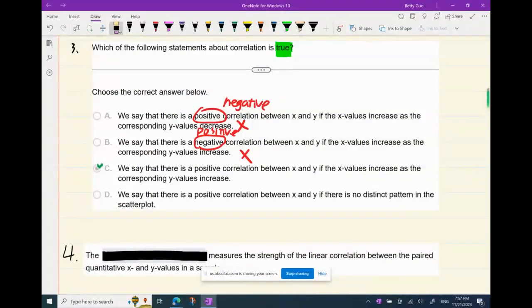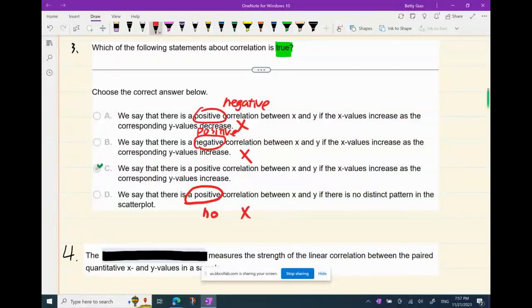If there's no distinct pattern in the scatter plot, we would say there's no correlation. Okay, for the three false statements, we actually corrected them. Here, use the red color.